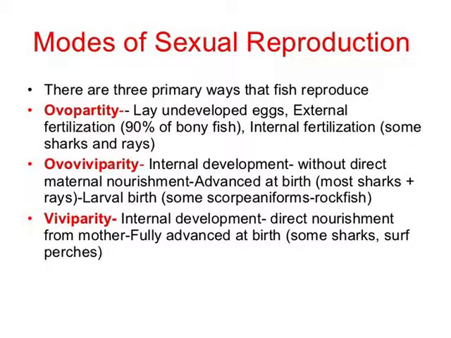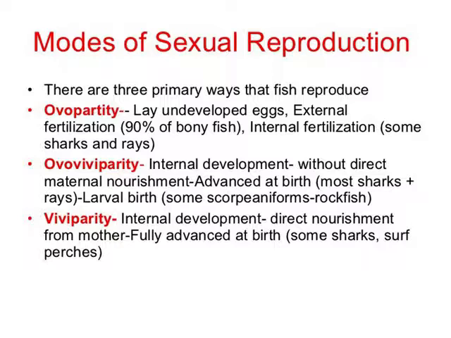And then lastly, modes of sexual reproduction. So there are 3 different ways in which fish can reproduce. You have oviparity, ovoviviparity, and viviparity. So oviparity, tongue twister here, will lay the undeveloped eggs, and fertilization occurs externally outside of the body.